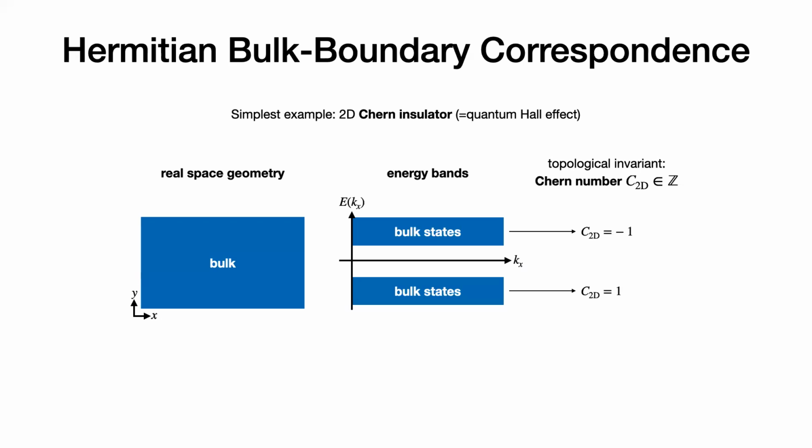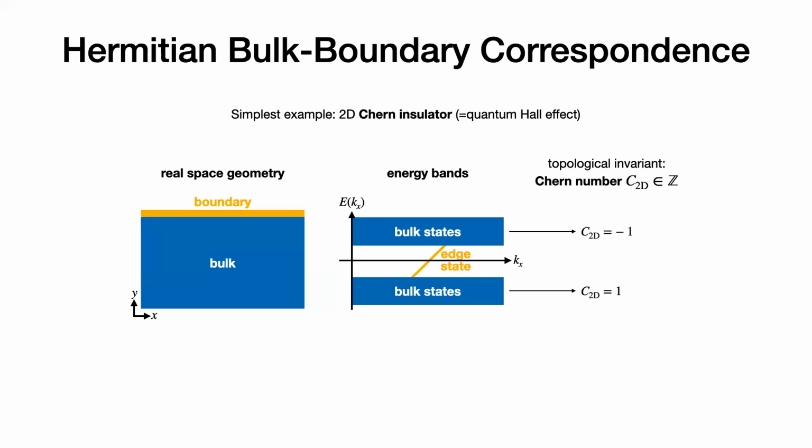In general, this is a Z quantity, Z meaning the integers. So it's a discrete quantity. You can't change discontinuously as you do some adiabatic deformations that keep the gap open, it can't change abruptly. So it's a topological invariant that tells you in which topological equivalence class you're situated. And it's an invariant we just calculate from the bulk states, right? So far, everything is bulk.